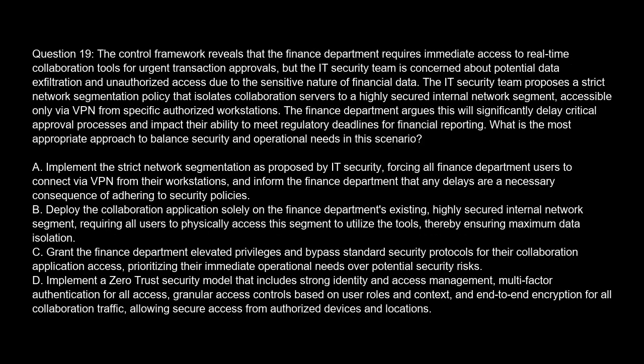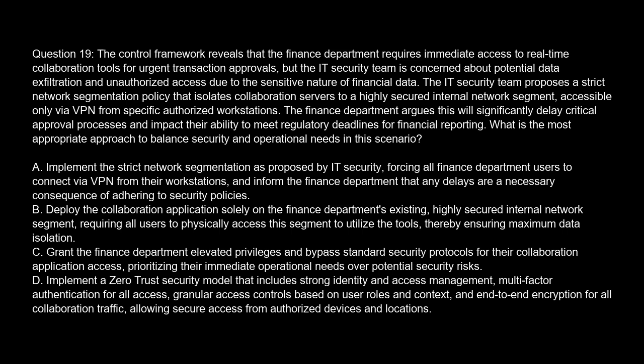Question 19. The control framework reveals that the finance department requires immediate access to real-time collaboration tools for urgent transaction approvals, but the IT security team is concerned about potential data exfiltration and unauthorized access due to the sensitive nature of financial data.